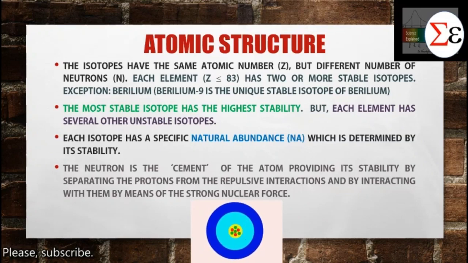Each isotope has a specific natural abundance, Na, which is determined by its stability. So the most stable isotope has the highest natural abundance. The neutron is the cement of the atom, providing its stability by separating the protons from the repulsive interactions and by interacting with them by means of the strong nuclear force.